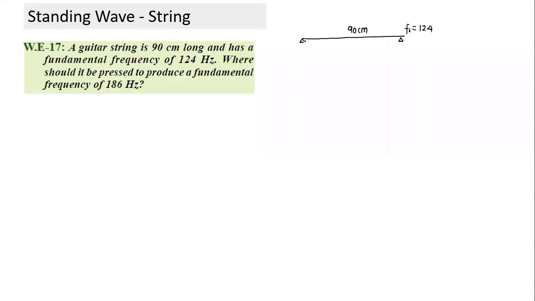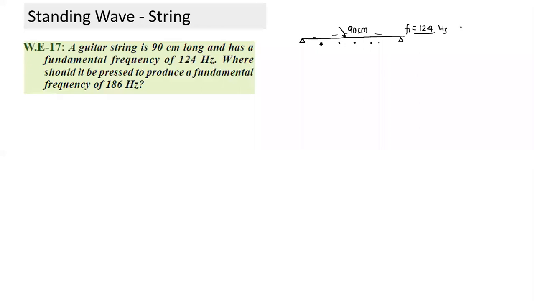So basically, if you strike or pluck it here, it is set into vibration and it will emit a sound of 124 hertz. What happens where should we press? There are different reeds here. You can press the wire and make it touch a different part. So where should we press to produce a fundamental frequency of 186?